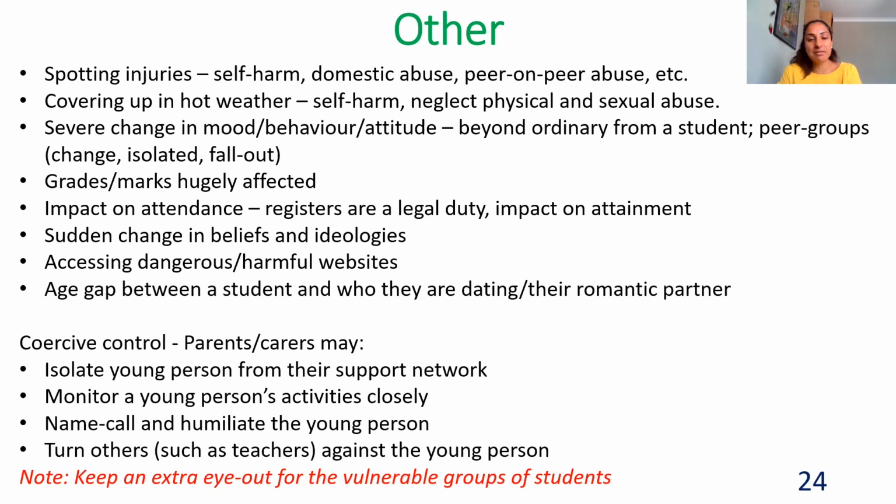So if you see this during parents' evenings or during communication through phone or email, it's something that you might want to raise with a subject mentor, or with another member of staff who can support you with what actions you can take.